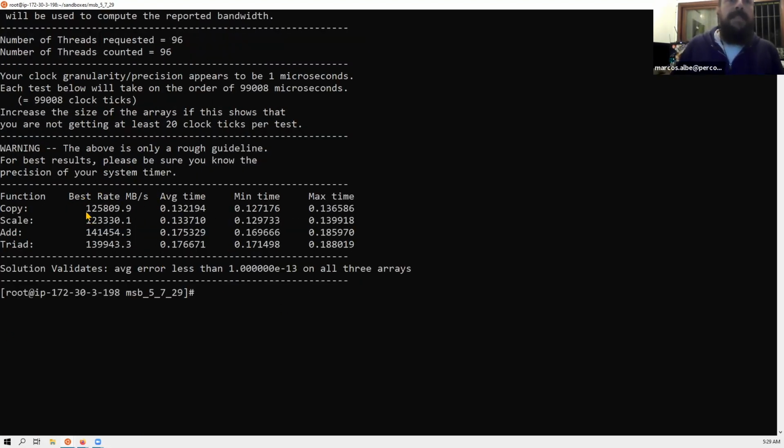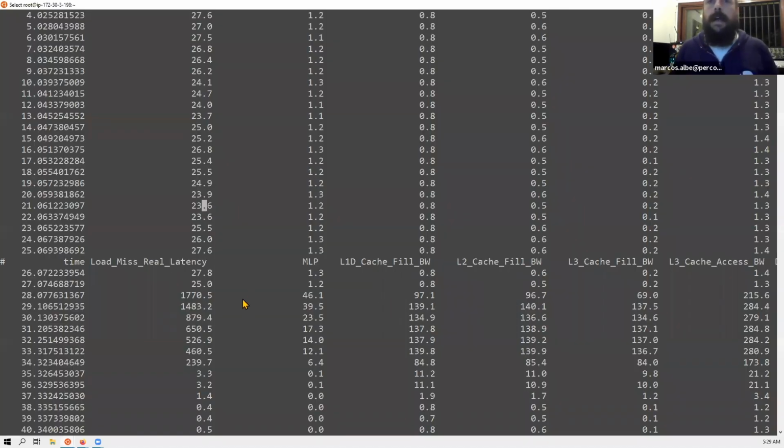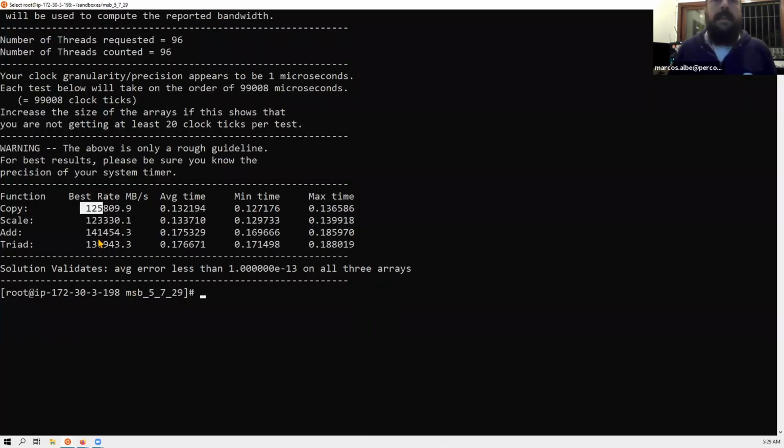It's telling us the best rate I could get when copying data from one array to another, which is basically what Stream does, was 125 gigabytes per second. And that was fairly close to what we're seeing, 139, give or take. Well, look, 139 for the triad, which is a series of operations Stream does on the arrays.